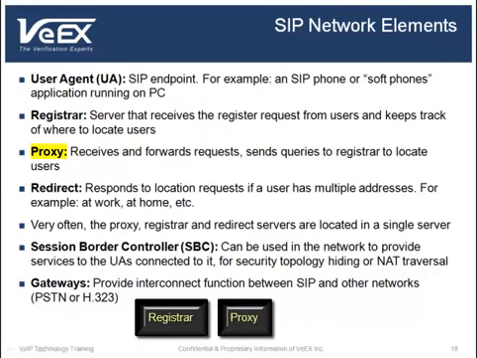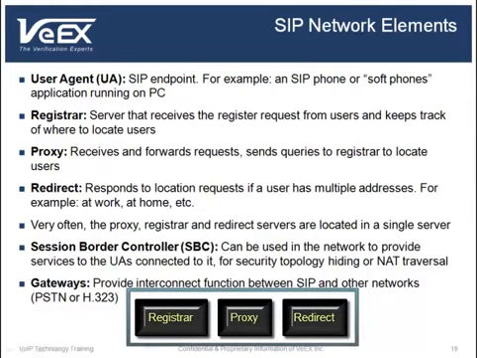The SIP proxy receives and forwards requests, as well as sending queries to the registrar to locate users. The redirect server responds to location requests if a user has multiple addresses, such as work or home. Often, the proxy, registrar, and redirect servers are located in a single server.